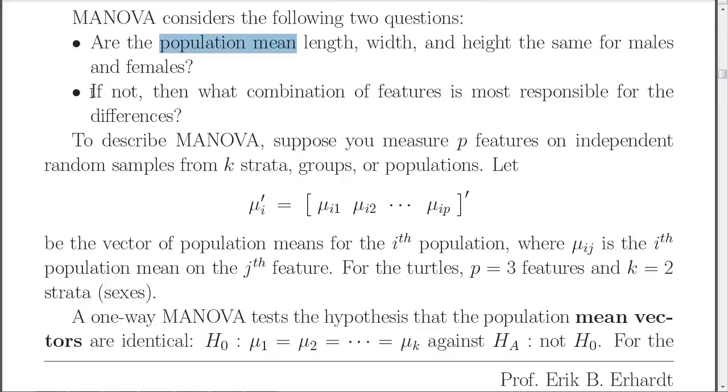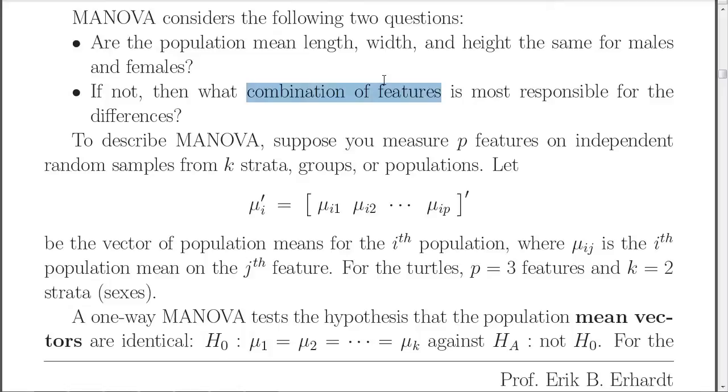And if they are not equal, then the interesting next question is, what's the combination of features? So what linear combination of length, width, and height is most responsible for the differences? That is, in which direction in this three-dimensional space is the difference between males and females most pronounced?